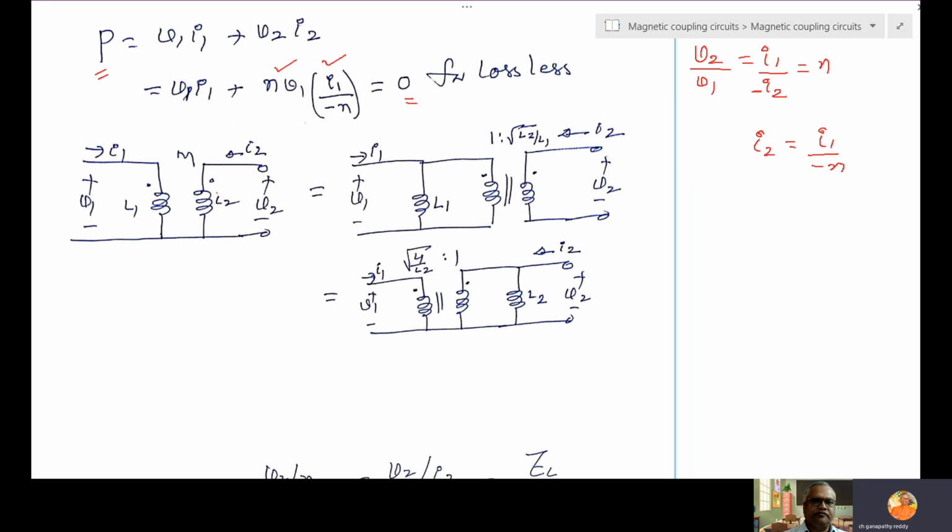Then sometimes this is also useful. This coupling can be replaced with another equivalent: left side L1 in parallel, and now it is a transformer.